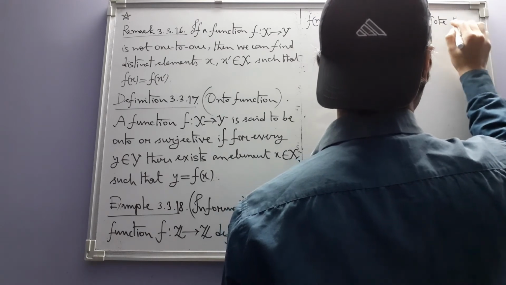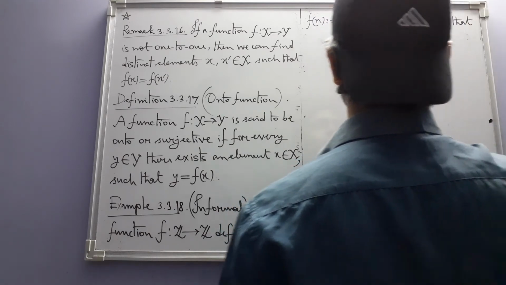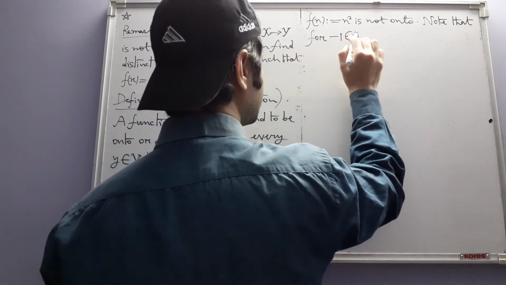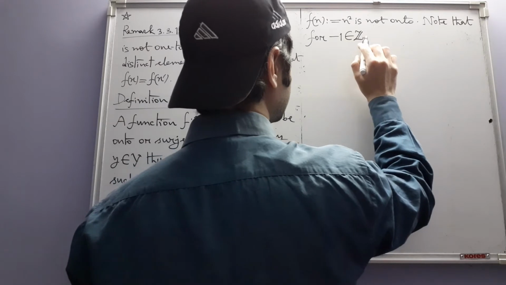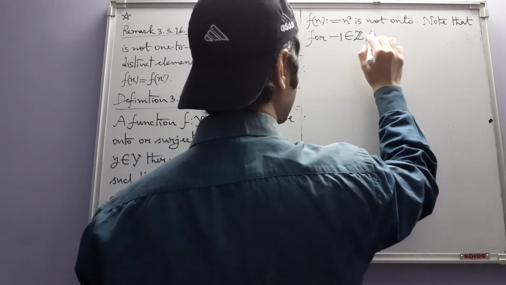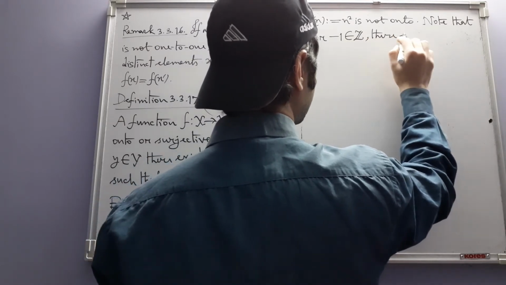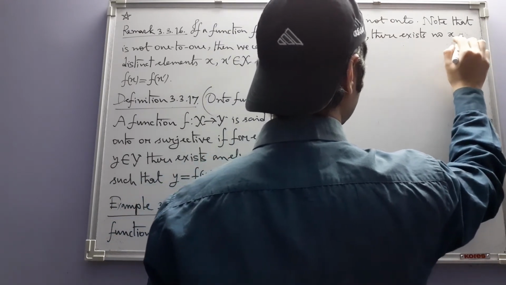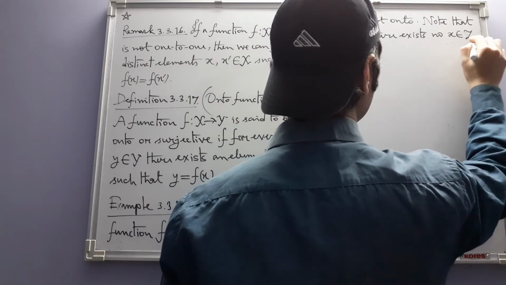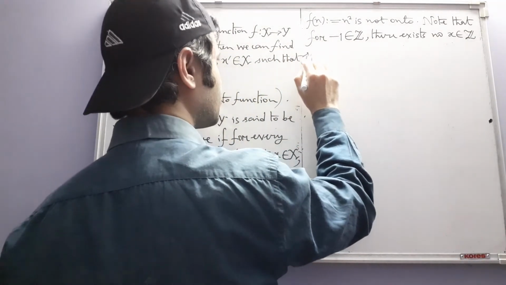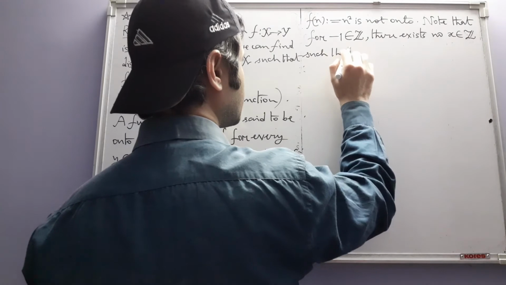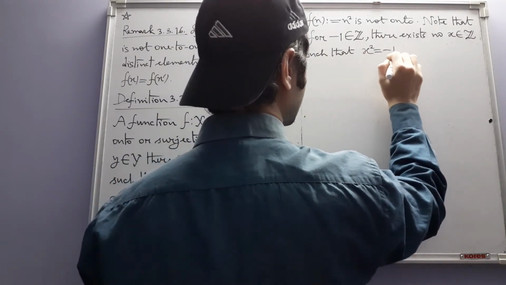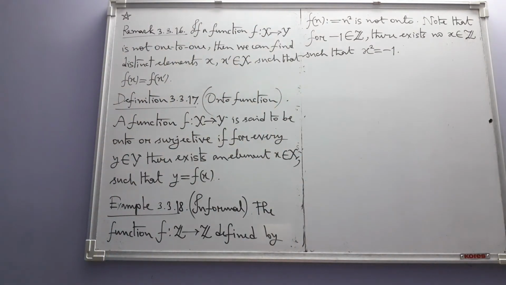Note that for this element -1 in the set of integers, there exists no x in the domain such that x square is equal to -1.